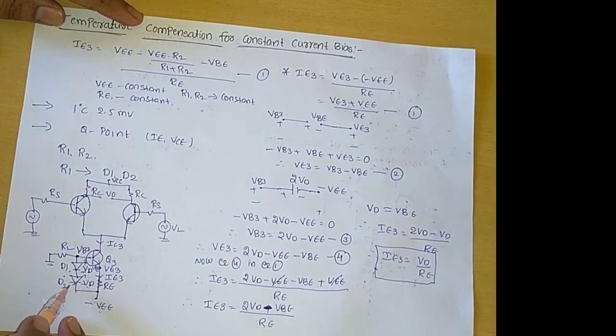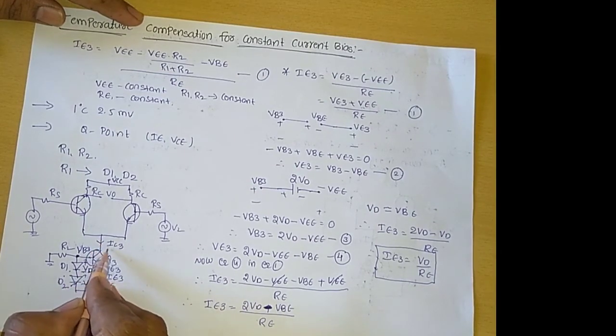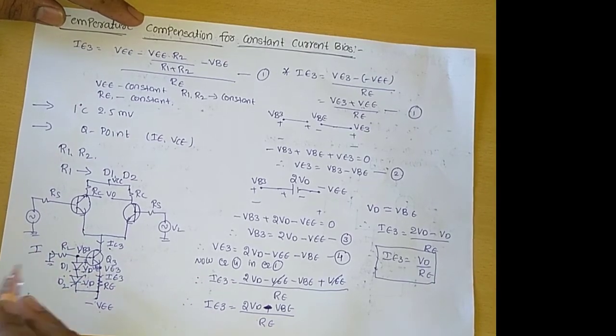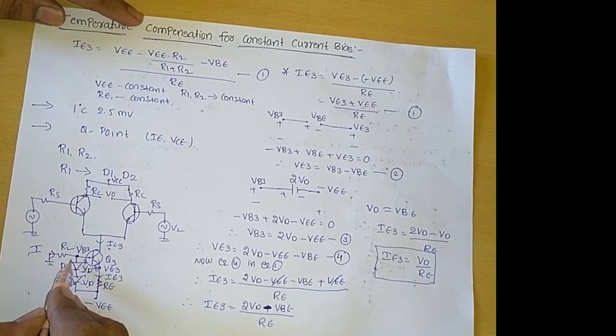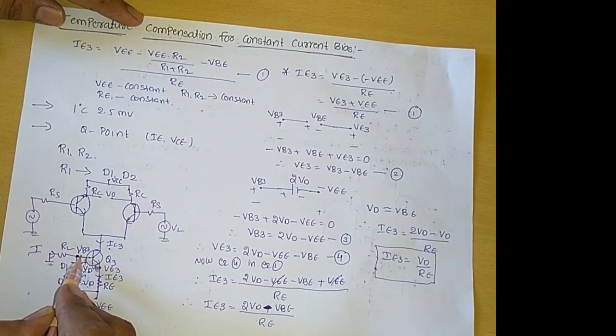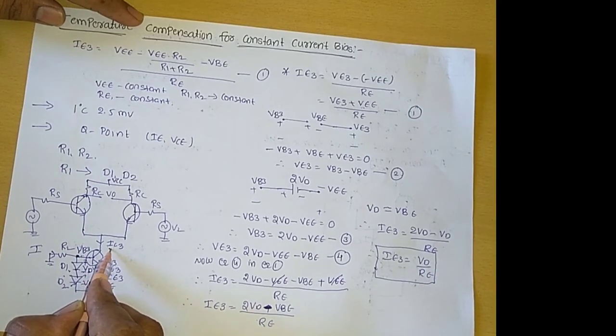In this circuit, if the temperature increases, at that time this collector current IC3 increases. If the collector current IC3 increases, this overall current I also increases. The current I increases, then this diode current ID increases. If the ID current increases, the base current of this Q2 transistor decreases. The base current decreases, then this IC3 decreases.